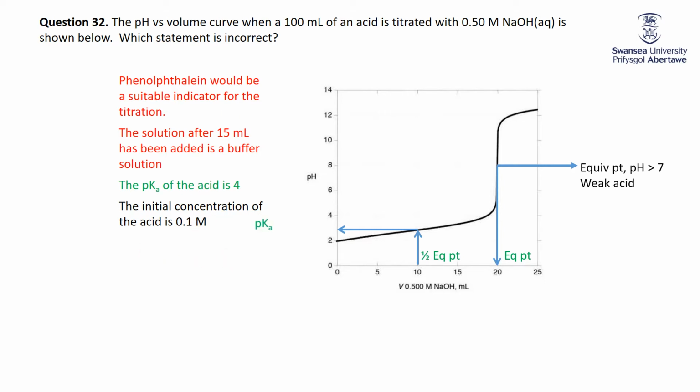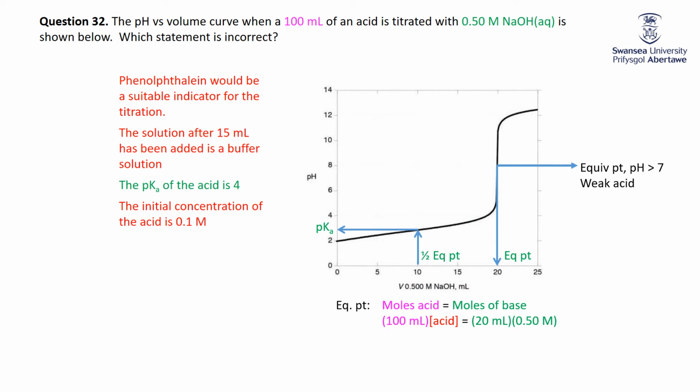So let's see what we know. Well, we know that we're taking 100 mils of the acid with 0.5 molar NaOH, and we know the equivalence point is 20 milliliters. Okay, at that equivalence point, the moles of acid is the moles of base. Well, we take 100 mils of the acid, but we don't know its concentration, and volume times concentration is moles.